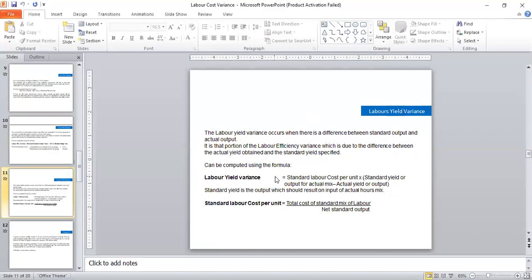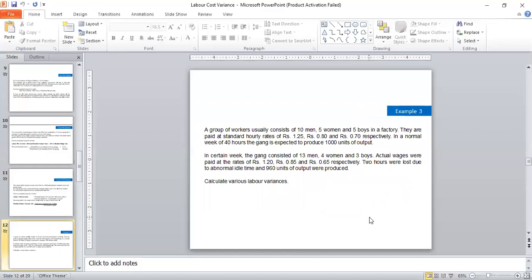It can be calculated with the help of the formula: labor yield variance is equal to standard labor cost per unit multiplied by standard yield or output of actual mix minus actual yield or actual output. Standard yield is the output which should result from input of the actual hour mix. Standard labor cost per unit is equal to the total cost of standard mix of labor divided by the net standard output.